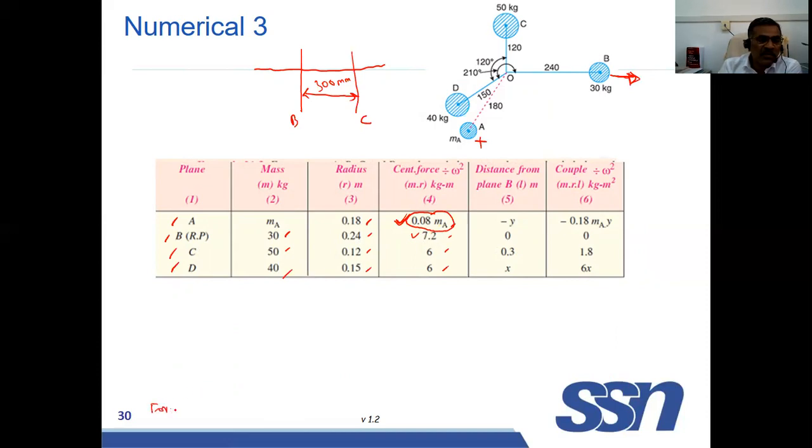This is O. This is B. So this is the B distance. How much? 7.2. You have to take in this direction.